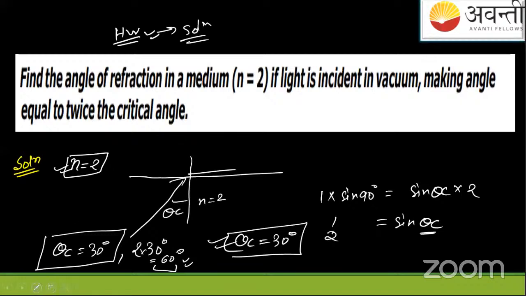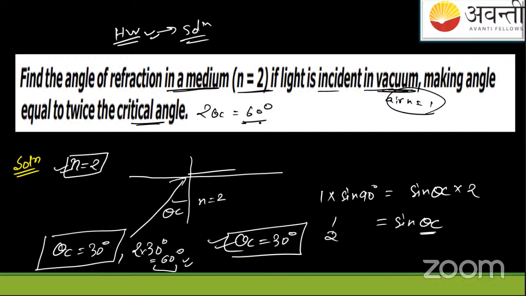Suppose you have this boundary and the ray which is incident in vacuum. So this is now vacuum. They're asking the angle of refraction. Read the question again properly: find the angle of refraction in a medium n equals 2, if the light is incident in vacuum or air where n equals 1. What is the angle of incidence? It's twice the critical angle, that is 60 degree.